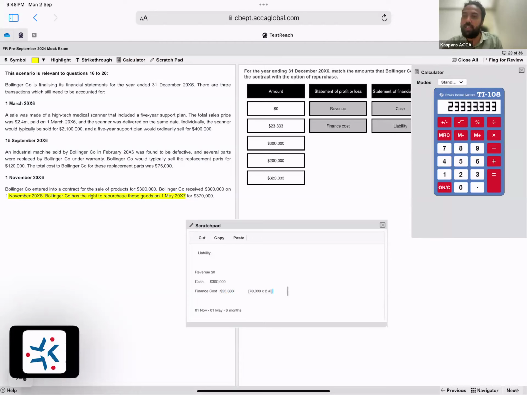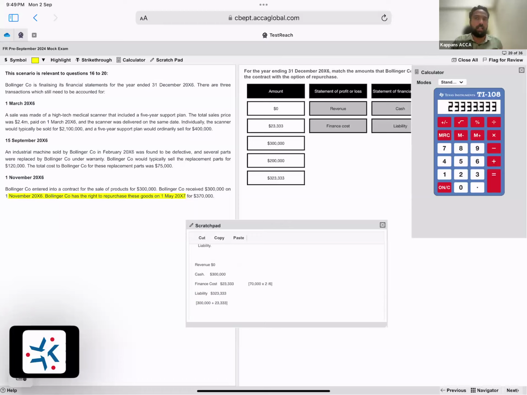And what about the liability? So the liability is going to be the 300,000 cash received plus this 2 months finance cost. So the liability to be recorded at 31st December is 323,333. So this is our final answer. Revenue is zero, always zero in case of repurchase agreement.